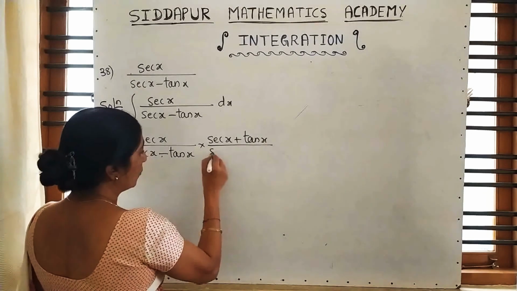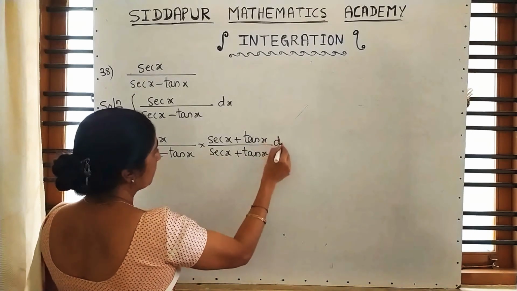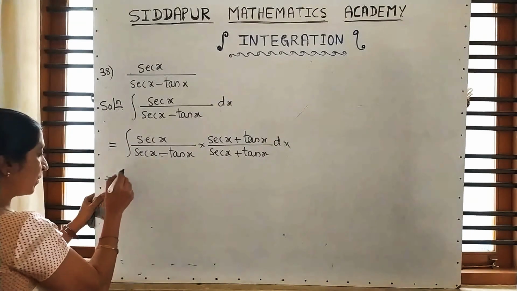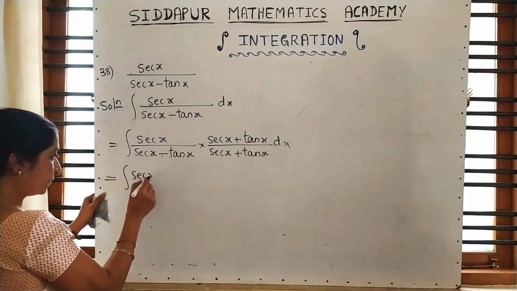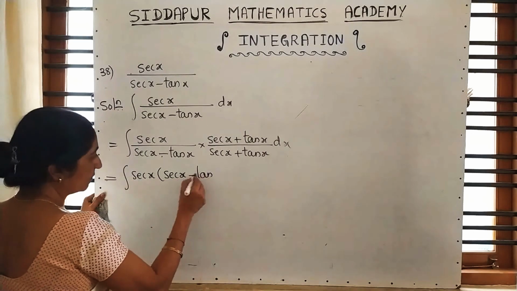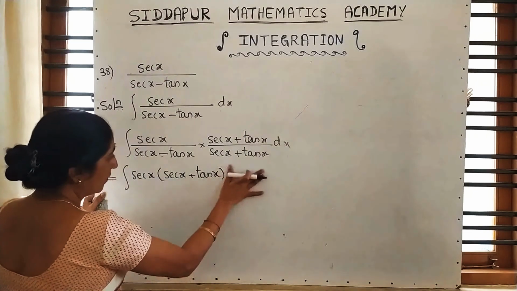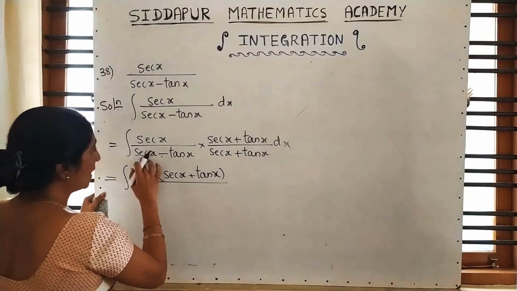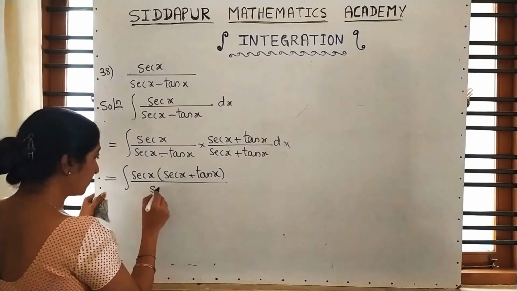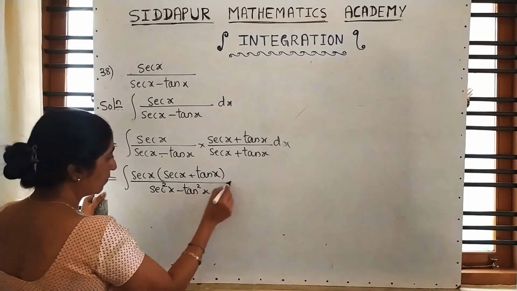This already you are familiar. I kept the numerator as it is. In the denominator a minus b, a plus b, a square minus b square.